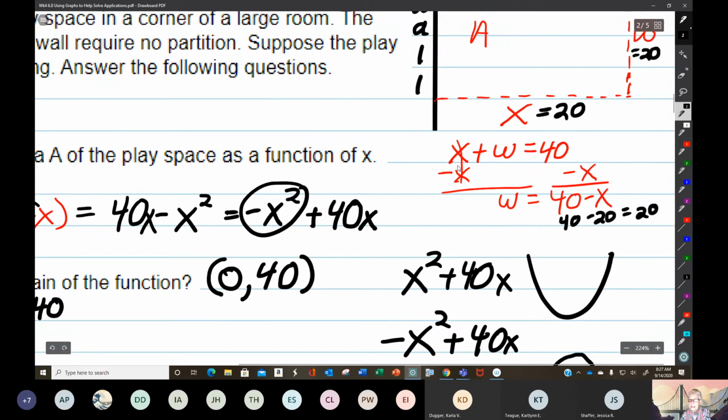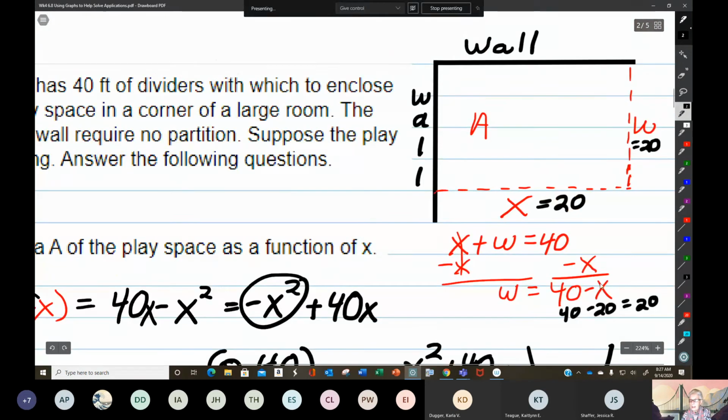And what that means is that this is a square and not a rectangle. Well, a square is a type of rectangle, but forget that for a minute. This is not a figure where the length is longer than the width.